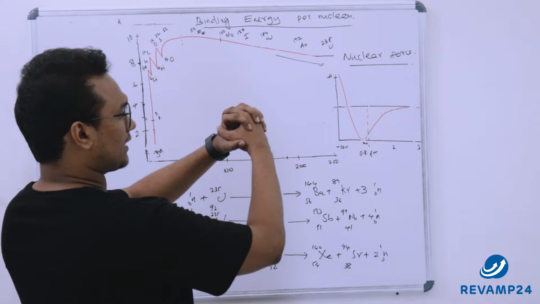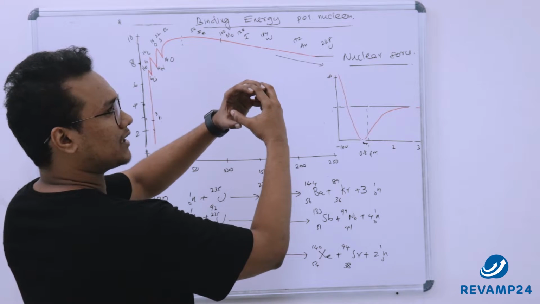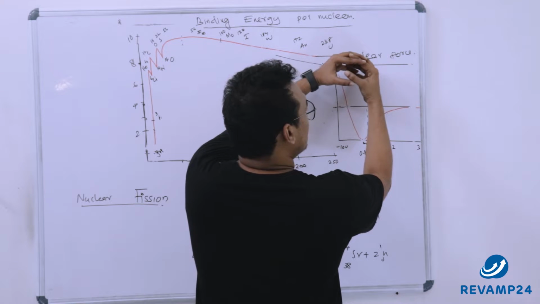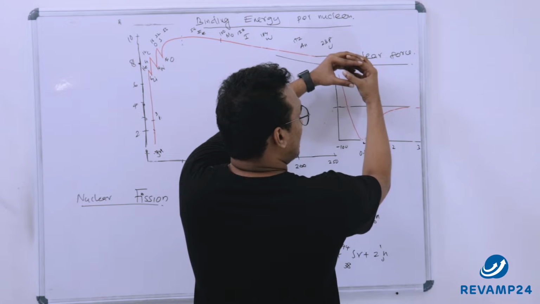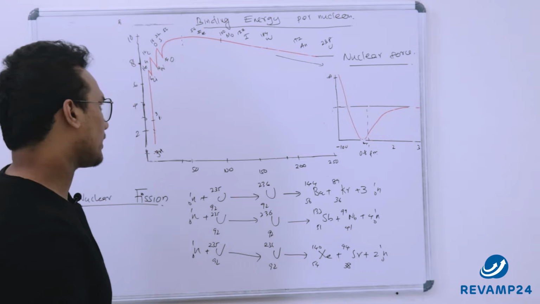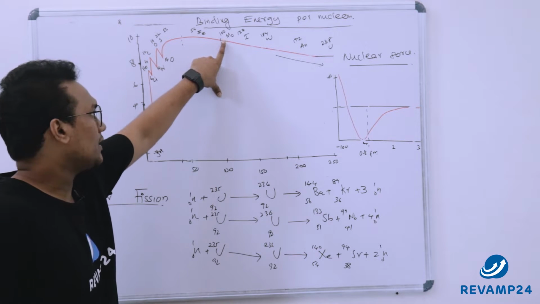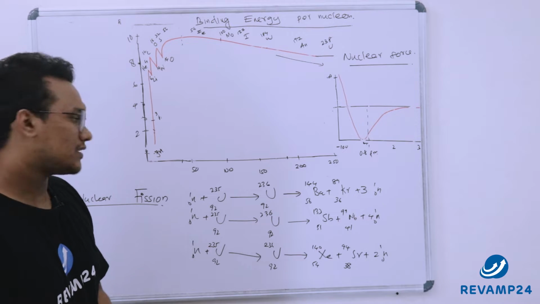See, this is the initial condition. One more neutron has entered here, so the size becomes higher. When the size becomes higher, the binding energy per nucleon is less, with more instability, and at that moment it will break into two smaller nuclei. Now the binding energy per nucleon will come here, and in that situation it has higher nuclear stability.